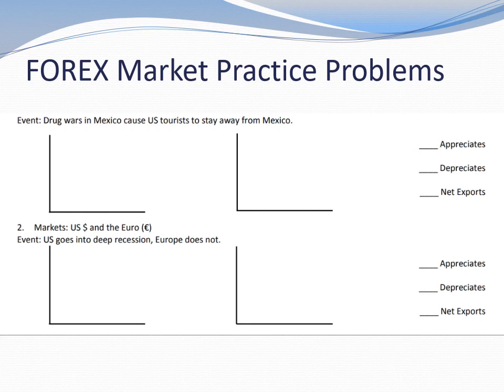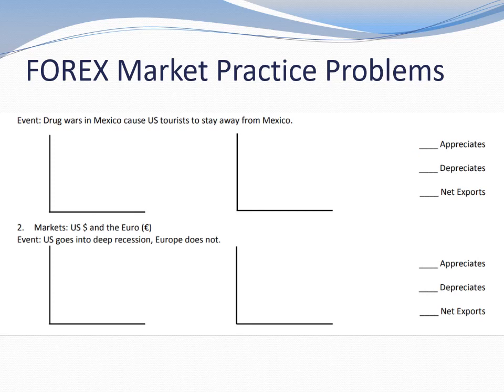So since we can't afford as much as we used to, what's going to happen to the demand of us purchasing European products? The answer is that we will see a decrease in the demand of European products, which means we'll also see a decrease in demand of the euro.